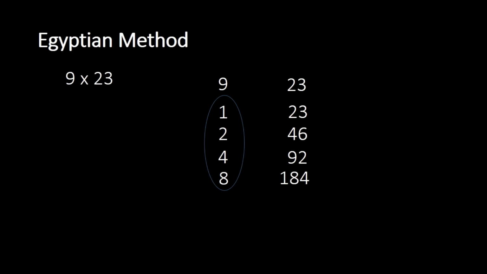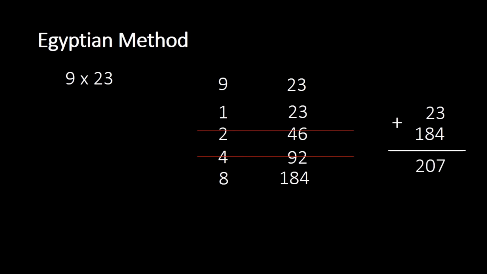We only need 1 plus 8 to get the number 9. Therefore, we can disregard the whole row of 2 and the row of 4. Okay? So, we'll get the right hand numbers 23 and 184. Then we'll have to add those two up to get 207.